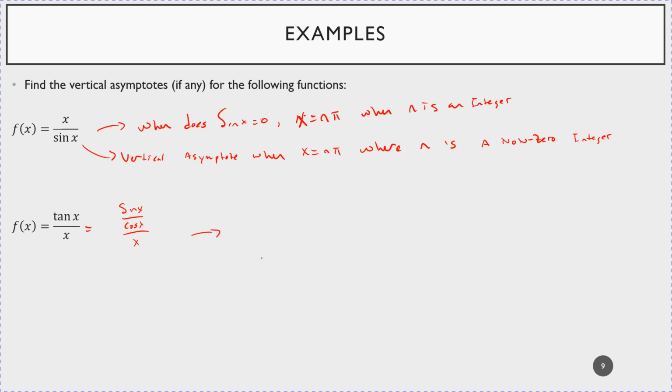So tan x has asymptotes at, if you were to look at this, n pi over 2, okay, where n is an integer. But again, when n is 0, you get 0 over 0.